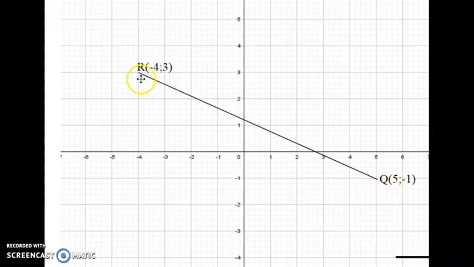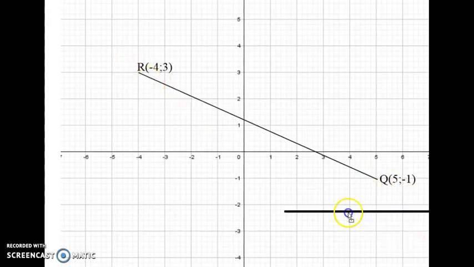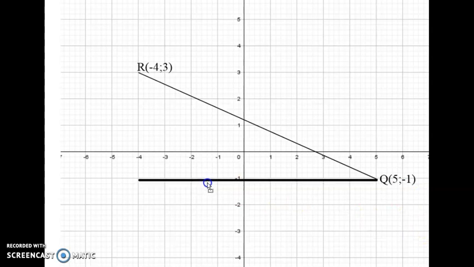Let's look at line segment RQ. We calculate the distance of x. We calculate the distance of y. Then we halve this distance.